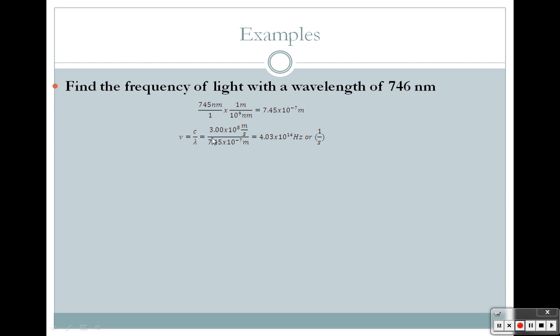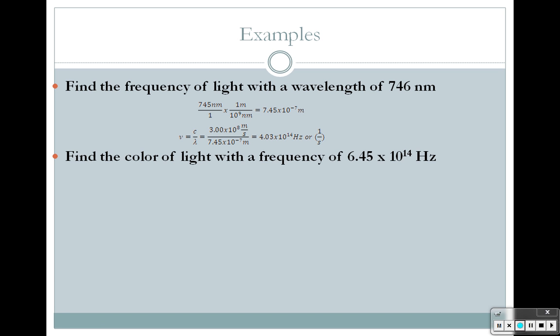So my speed of light is 3.00 times 10 to the 8th meters per second over 7.45 times 10 to the negative 7th meters. That comes from up here. Equals 4.03 times 10 to the 14th hertz, or 1 over seconds, whichever you prefer.